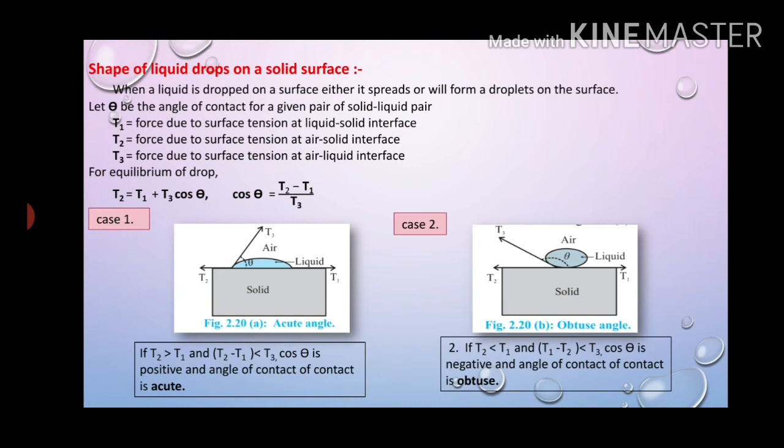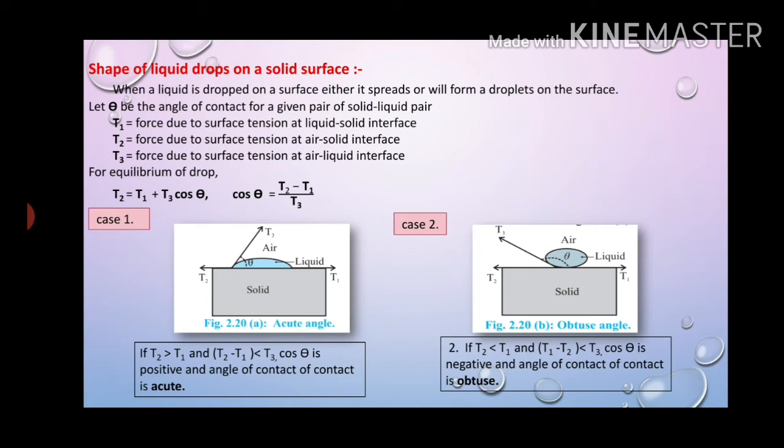On the upper side of the liquid drop, air is present, so the air-liquid interface will come. So T1 is the force due to the surface tension at the liquid-solid interface, T2 is at the air-solid interface, and T3 is at the air-liquid interface.